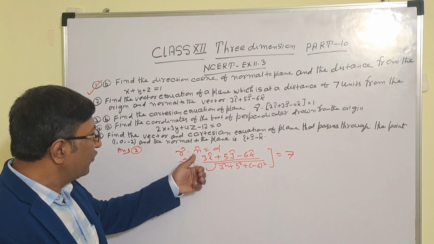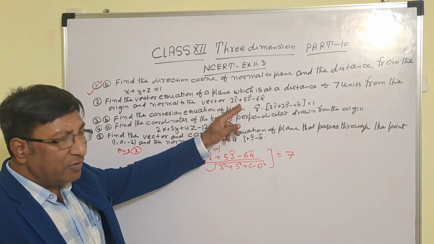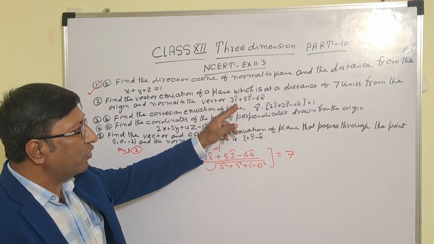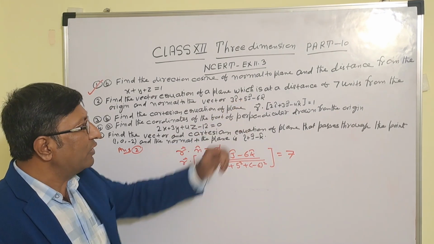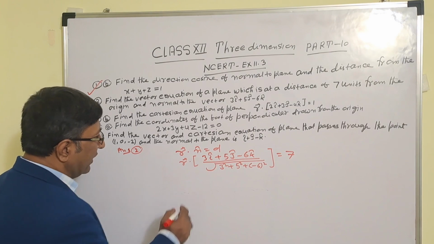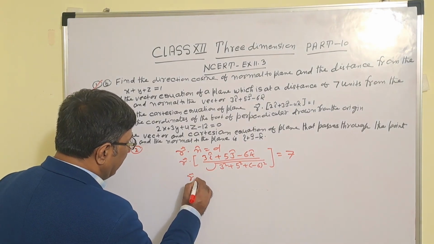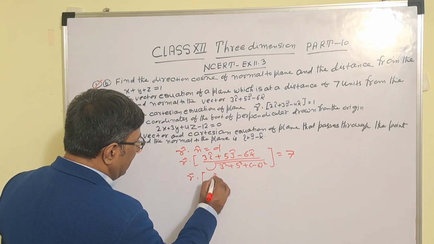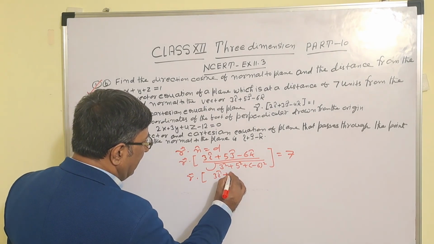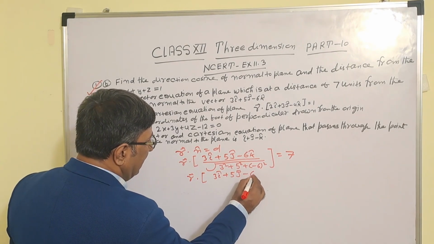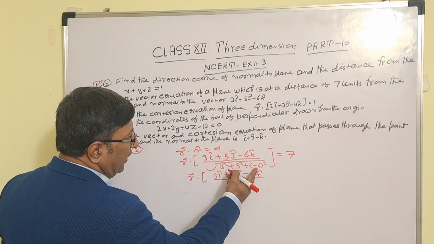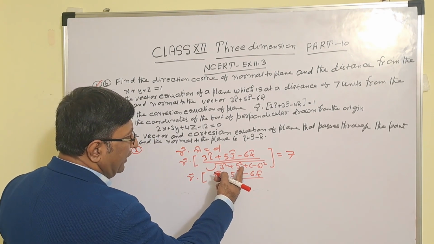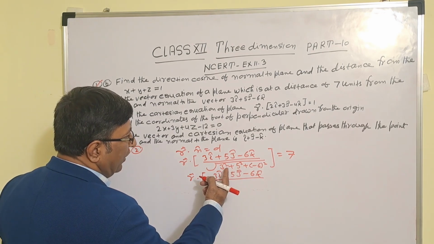r dot unit vector, so here the vector is given, so just change this vector by dividing by coefficient of unit vector i square, unit vector j square, and unit vector k square. So we can write this like r vector dot 3 unit vector i plus 5 unit vector j minus 6 unit vector k, divided by, this is 6 square 36, 5 square 25, and 3 square 9.